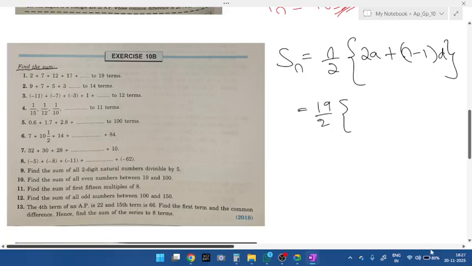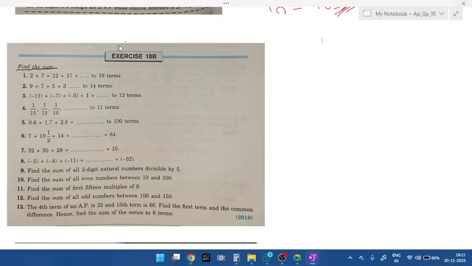No, just a minute students, for n, 19 will become an odd number if you divide. N is not 19, because we don't know it is the 19th term. They have asked us to find the 19th term.